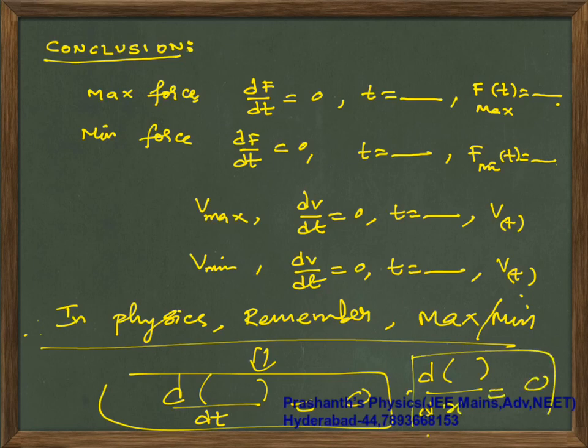Calculate the values and substitute back into the original function to get the answers. This is how you are supposed to do the simplification. In the next part we will see how to apply differentiation and integration in physics, but this is your differentiation.